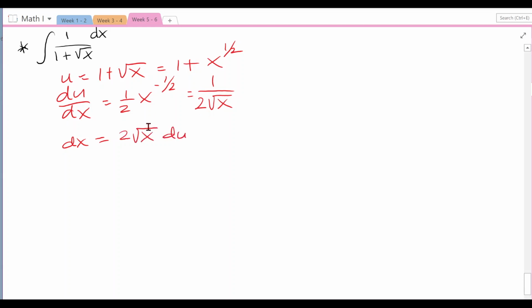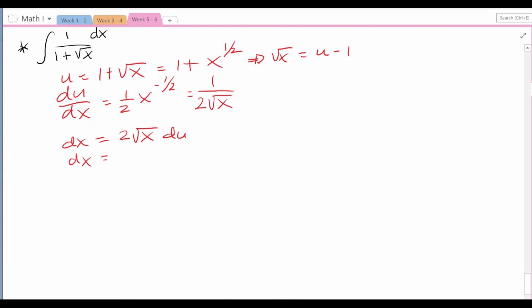So simply by moving dx to the right hand side and 2 square root of x to the left hand side, we get dx equals 2 square root of x du. And at the same time, from here we can also say that square root of x equals u minus 1. So we try to put everything not in terms of x anymore, but in terms of u.